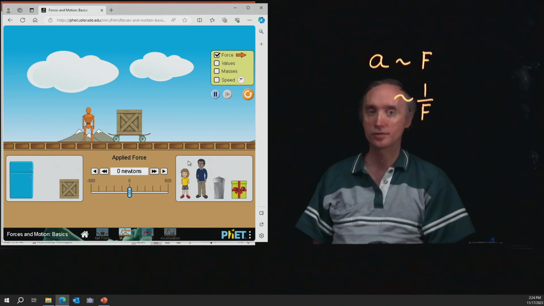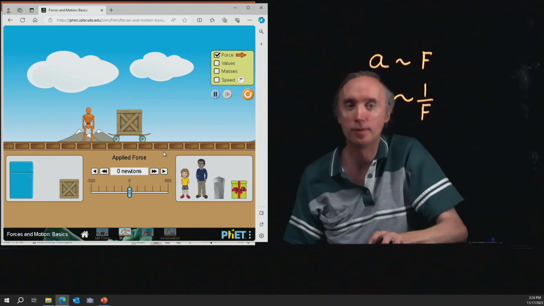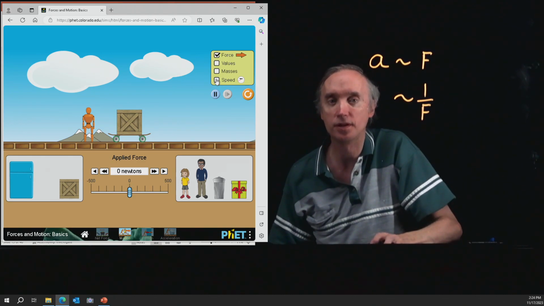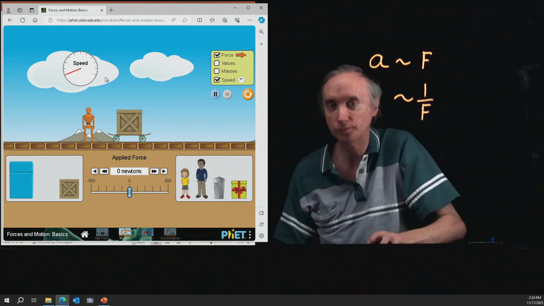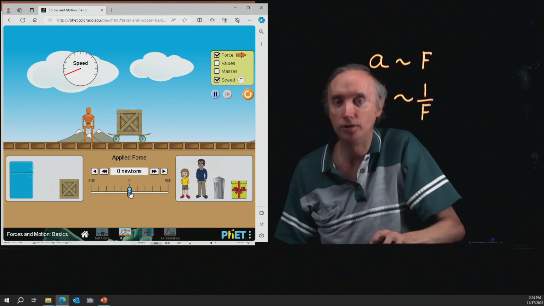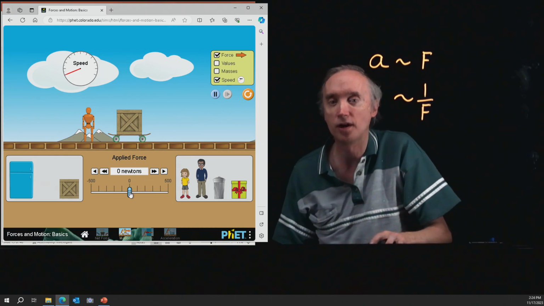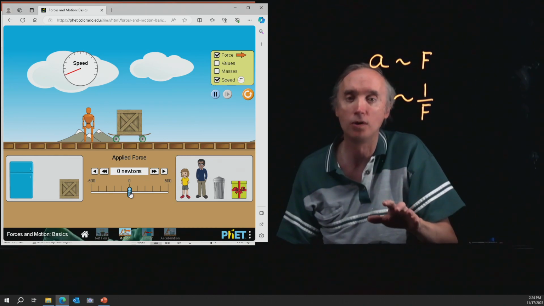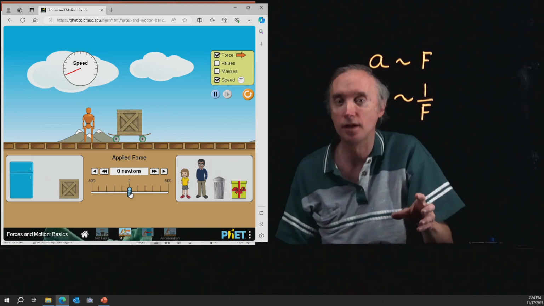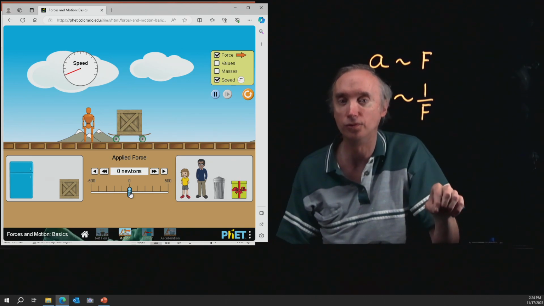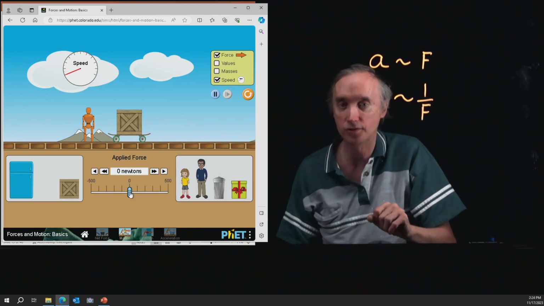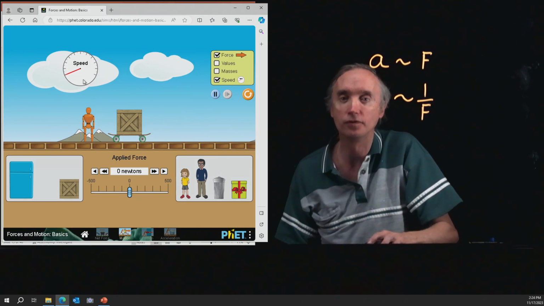Now how would we do this? Okay, so go back to the simulation. Let's put the speedometer on there. And what I want you to do is do 2 trials. So do trial number 1 with a small amount of force, and then do trial number 2 with a large amount of force, and then observe how does the speedometer change.